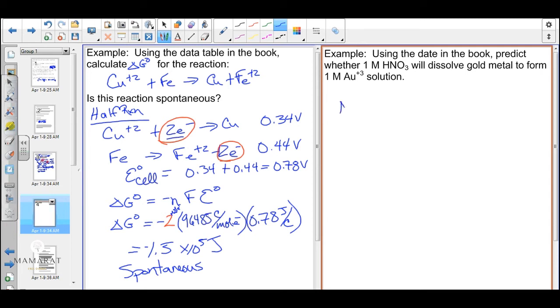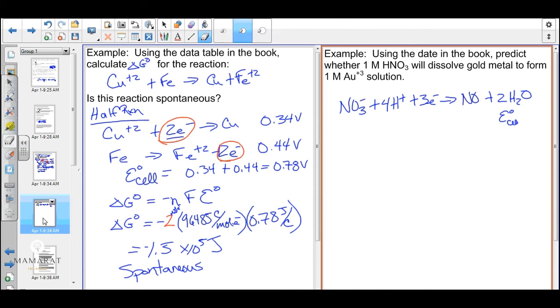So here is one of the half reactions that you would do if you went and looked in the book at that chart with the standard reduction potentials. You would find that NO3 minus plus 4 H pluses plus 3 electrons gives us NO plus 2 H2O. And you would find that the E of the reaction would be 0.96 volts.